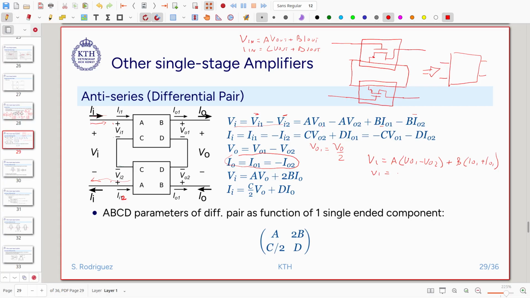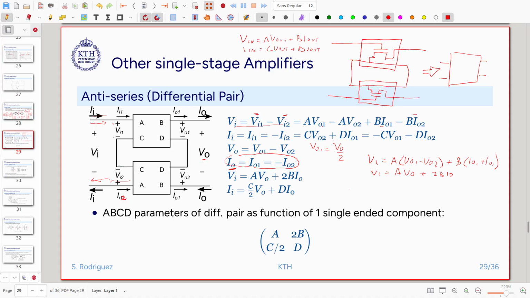VO1 minus VO2, it is the total output voltage, it is this one here, so this is VO, and this IO1 it is exactly the same as the output current, so that will be 2 times B IO. Okay, so we are there with this equation.